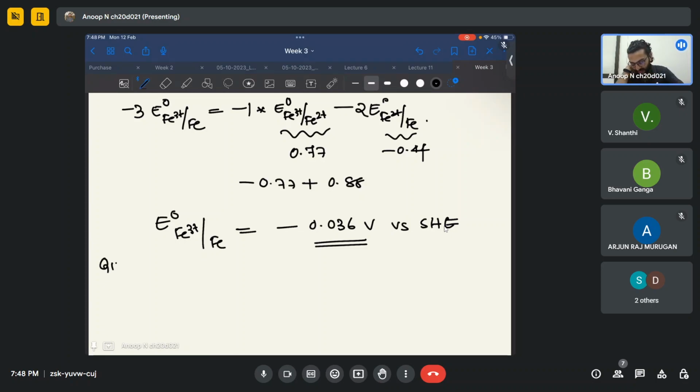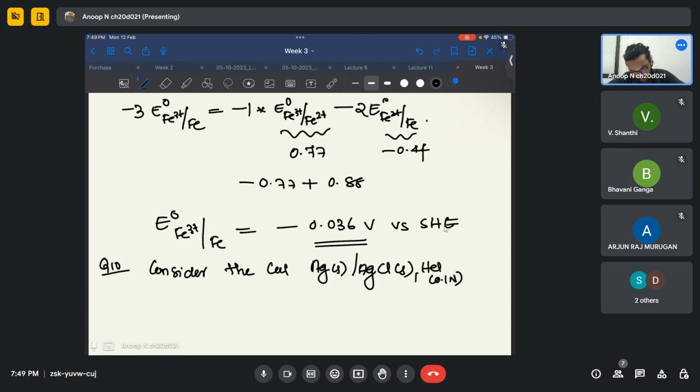So last question, it is a very simple question. I just prepared it just before the class. So consider the cell: Ag solid, AgCl solid, HCl 0.1 normal, KCl 0.1 normal.